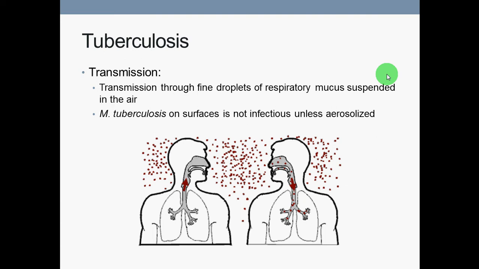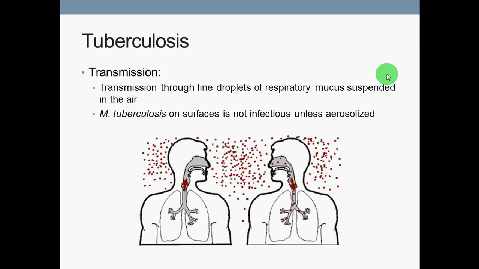TB is also more likely to be caught when you are in close contact for long periods of time with somebody with TB. So it's not like the flu, where you can just be in the same airplane with somebody coughing and catch it from them. With TB, it's more likely to be transmitted through prolonged contact with somebody who's actively coughing.